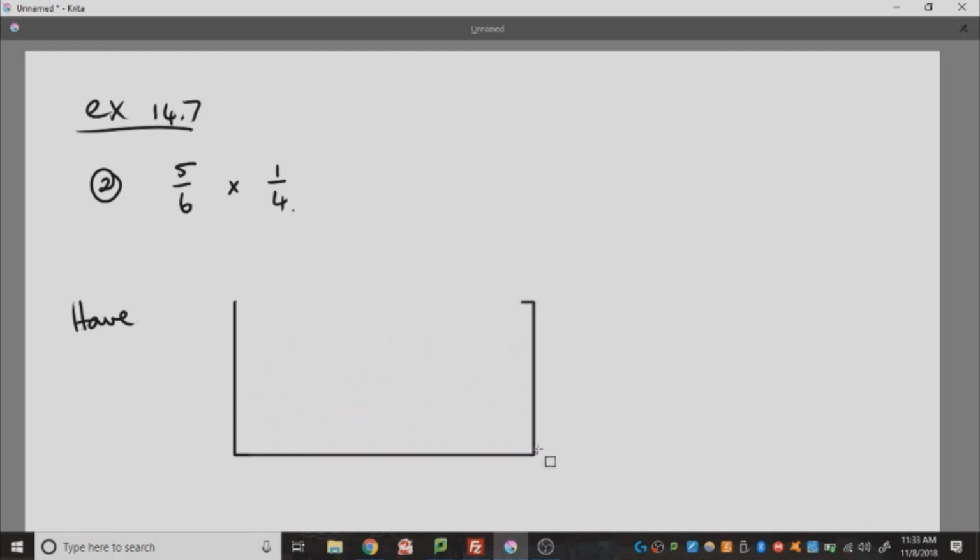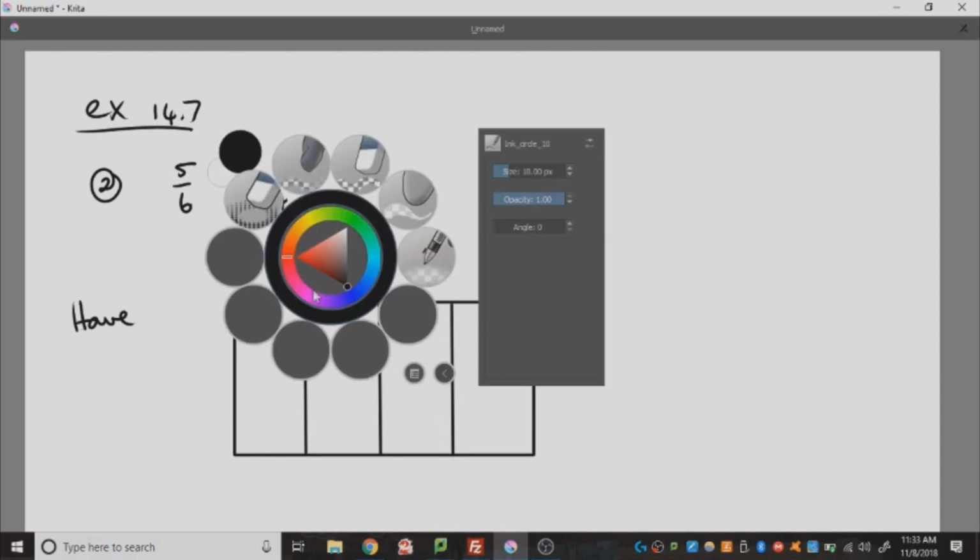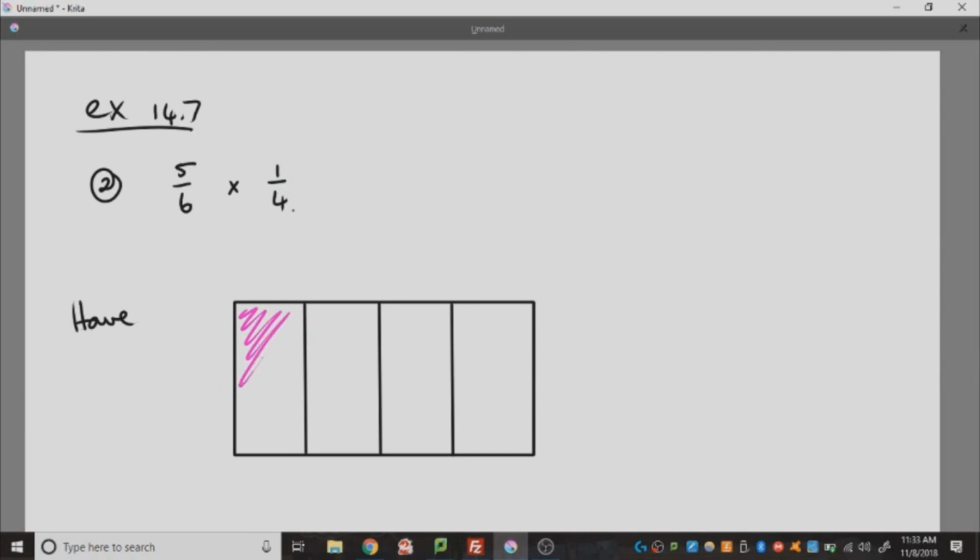In this case, it's a little bit. We don't have a lot. But we're going to cut our loaf of bread into 4 equal pieces, of which we have only 1. We don't have a lot this time. It's whatever that second quantity is.